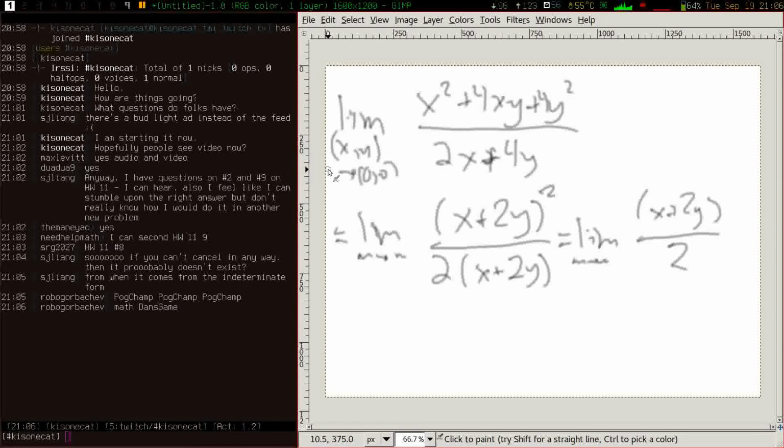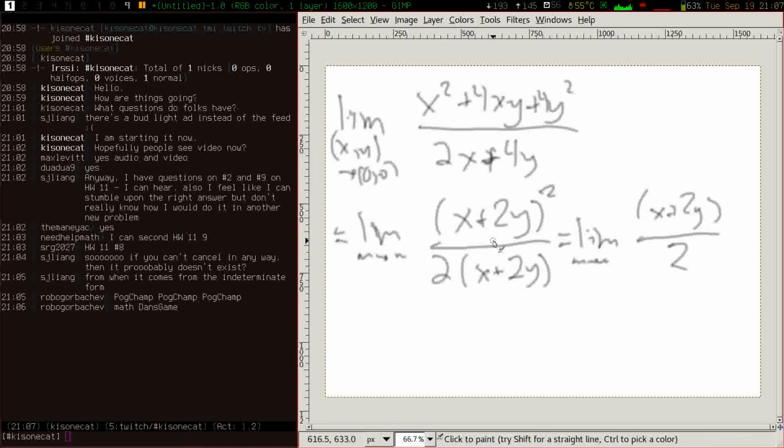And when you're calculating limits, the only thing that matters are values that are close to (0, 0), right? The limit is entirely insensitive to the value of this thing at the point (0, 0). Or said differently, this thing here isn't defined at (0, 0), right?